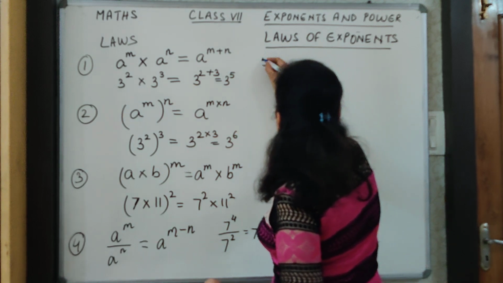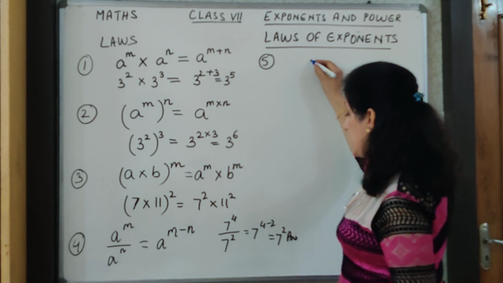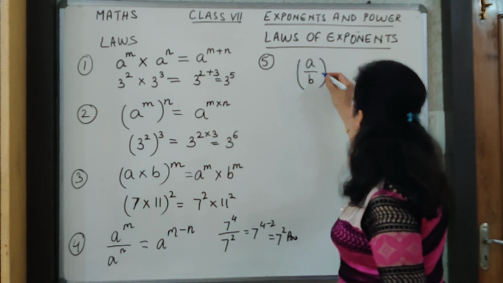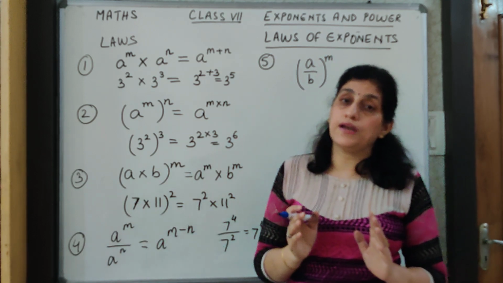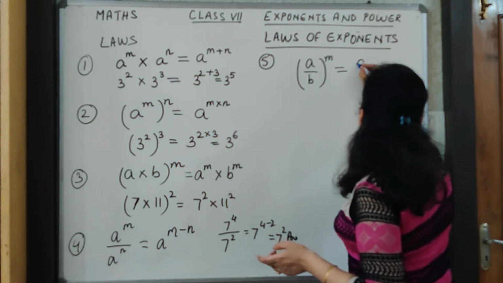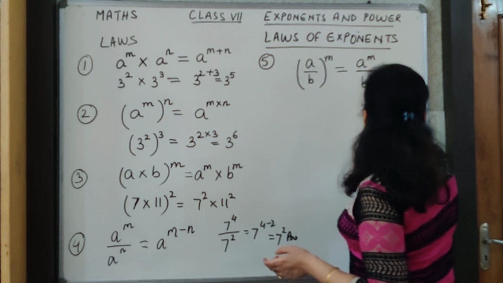The next one over here is, now suppose we have a fraction, say I have a upon b and the whole thing to the power of m. So just as we know, anything outside the bracket applies to everything inside the bracket. Same way we will have a to the power m upon b to the power m.